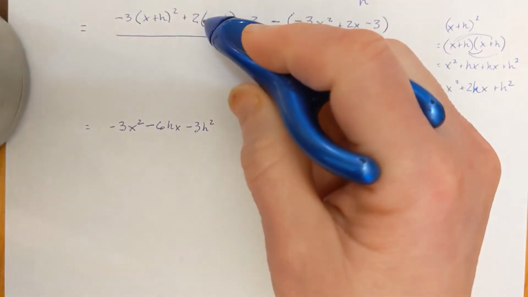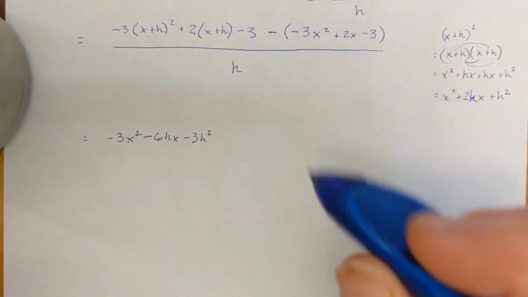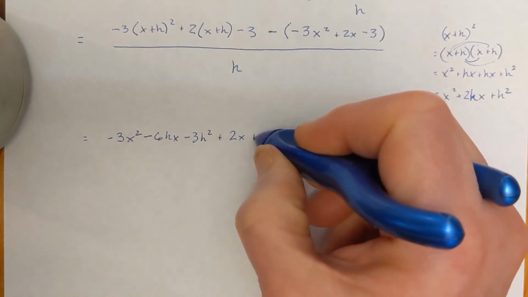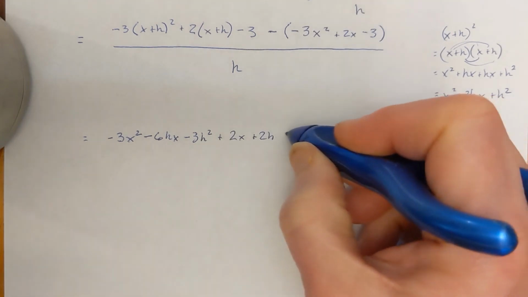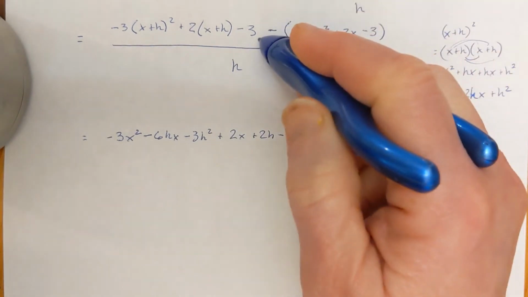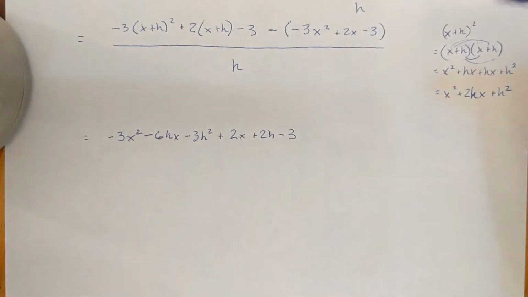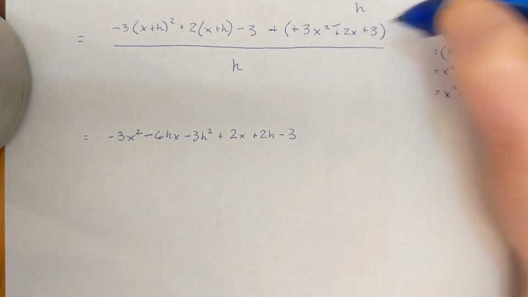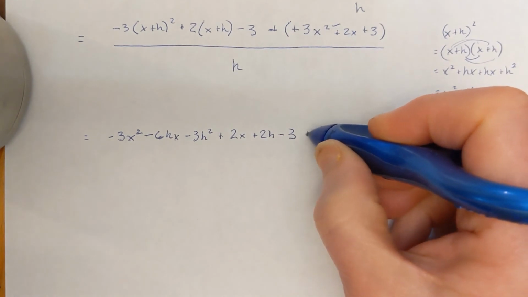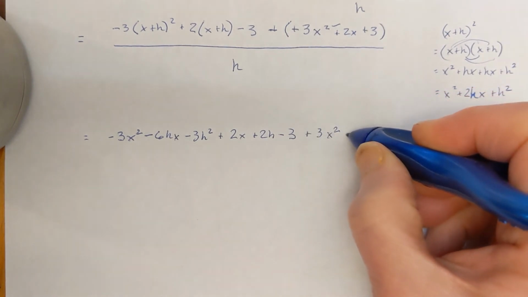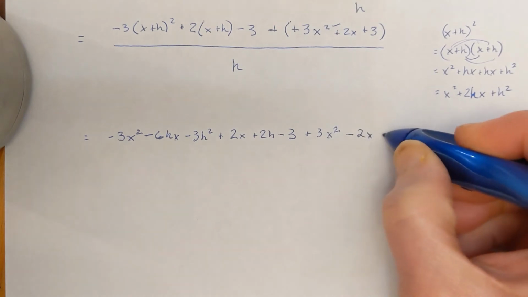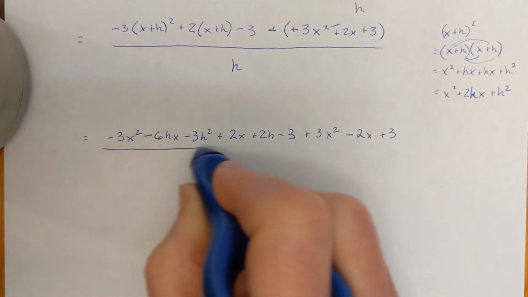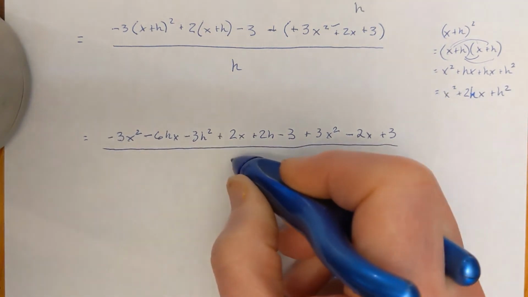And then I'm going to distribute 2 across the parentheses here, so it's going to be plus 2x plus 2h minus 3. And I'm going to distribute my negative across the parentheses here and add 3x squared, subtract 2x, add 3. And all this is still over h.